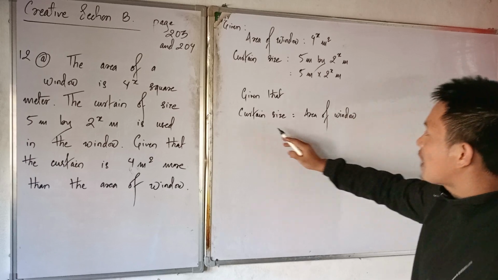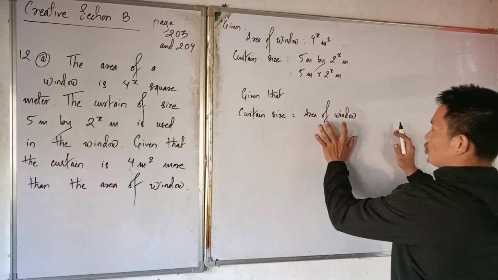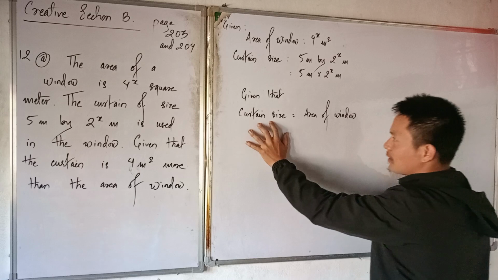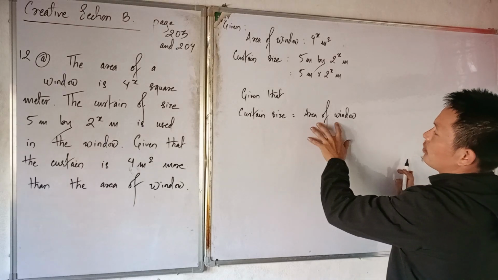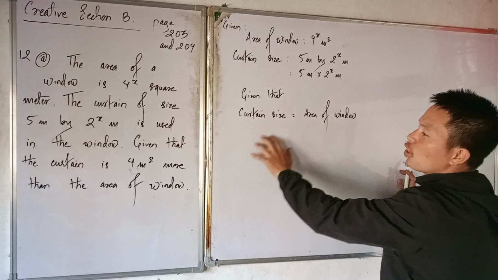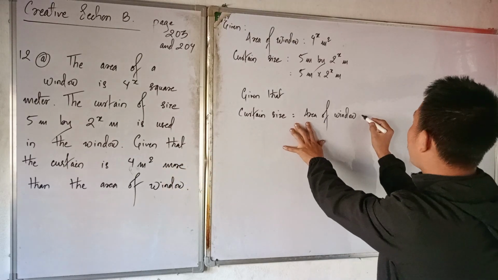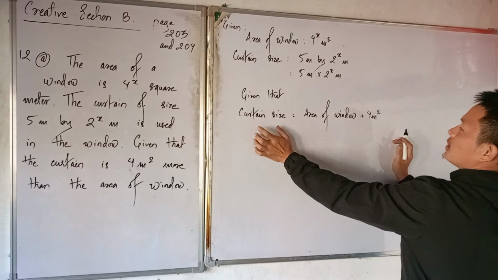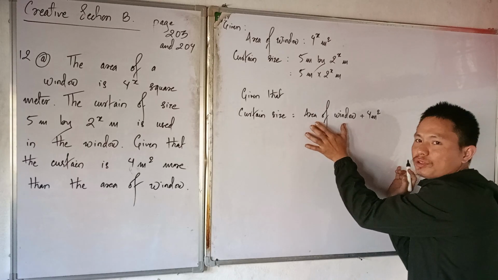This is the area of the window and this is the curtain size, which will be used to cover the window and is 4 meter square more. So to make this equal, you have to add 4 meter square here. This curtain size is 4 meter square more than the area of the window.